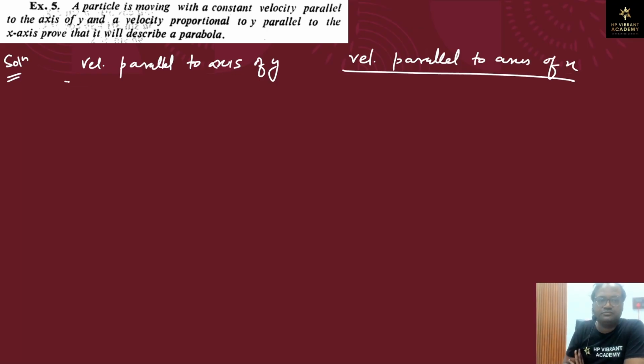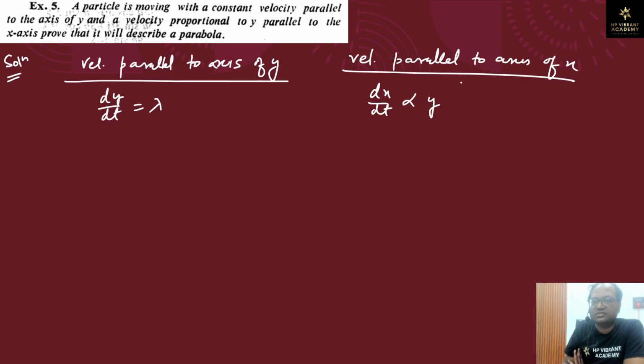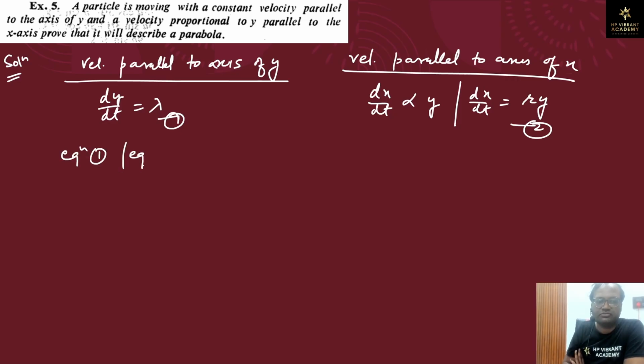The velocity parallel to the axis of y is constant, so dy upon dt is a constant. Let us consider this as lambda. And dx upon dt, the velocity parallel to the x-axis, is proportional to y. So let us consider dx upon dt is equal to mu into y. This is equation 1 and this is equation 2.